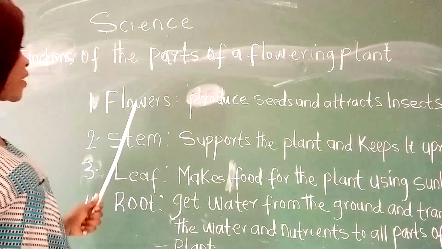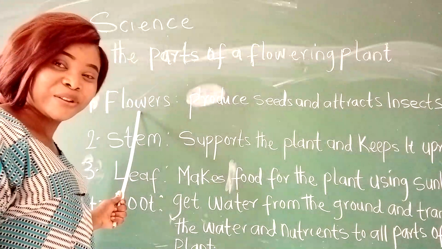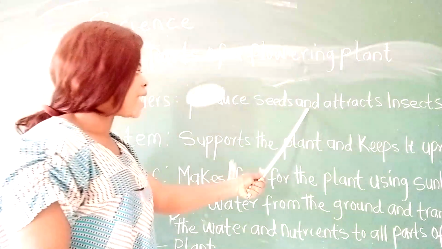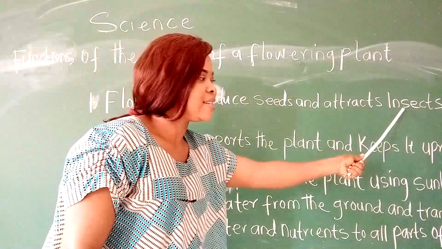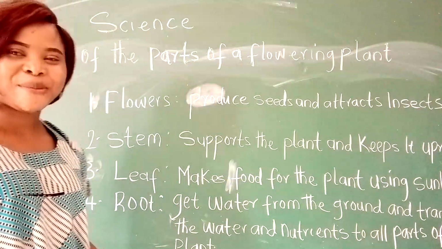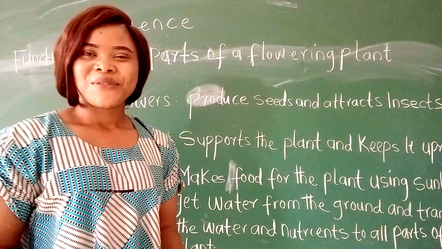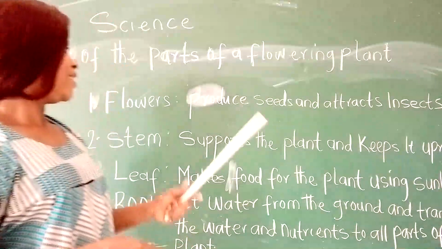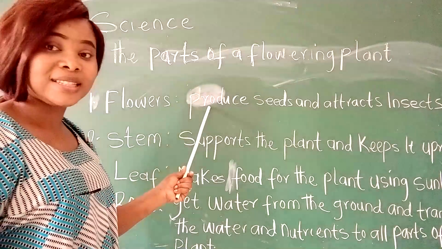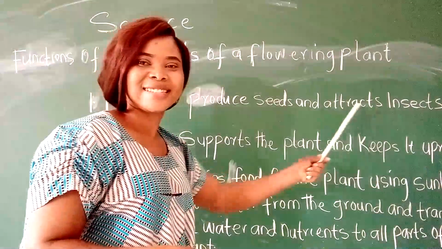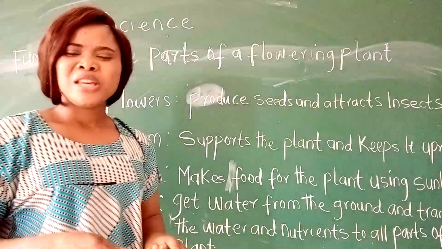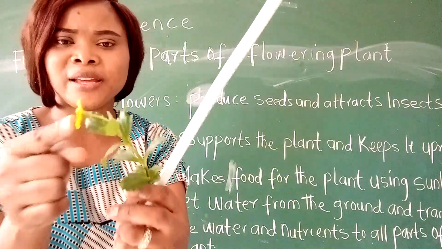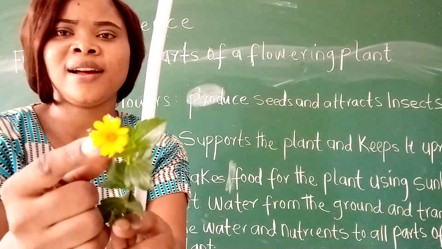Flowers, as a part of the flowering plant, produce seeds and attract insects. Why? This should be a big question. This is the part of the plant called the flower.